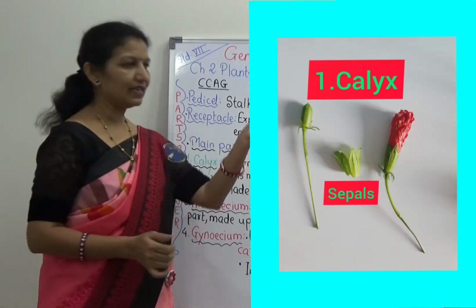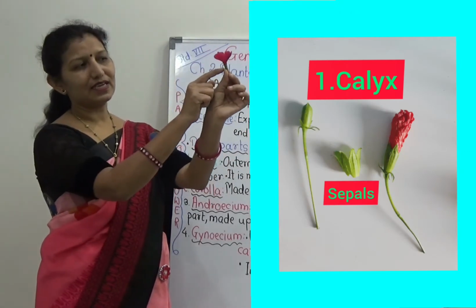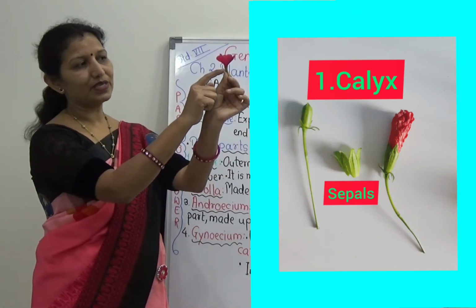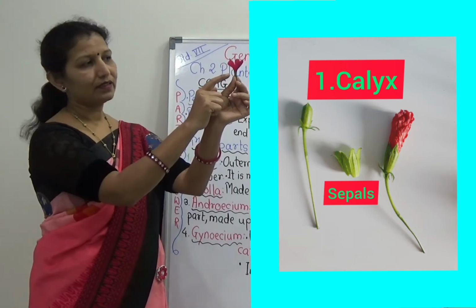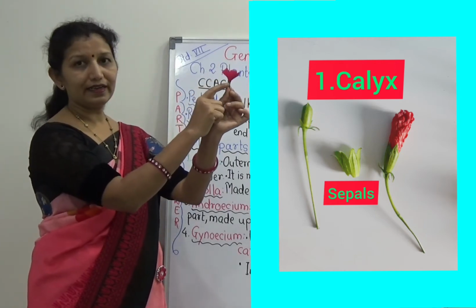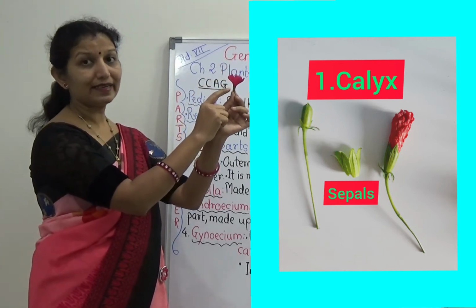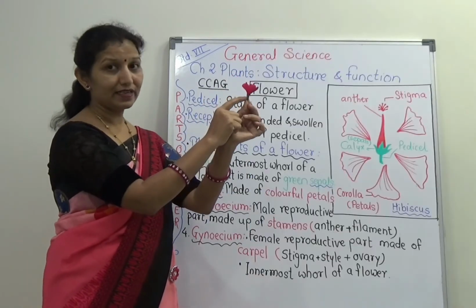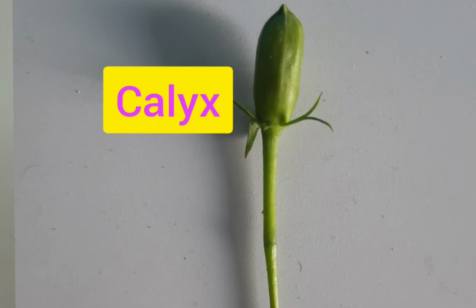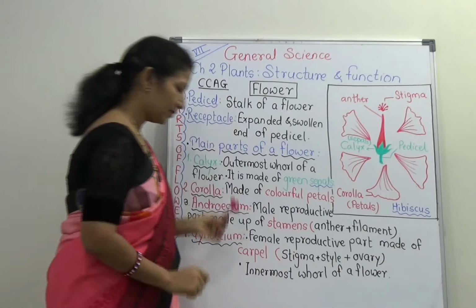First of all, see students, you must have seen the green part at the base of this hibiscus flower. That green part is nothing but calyx, and in Marathi it is called nidalpunj. And this calyx is green in color.